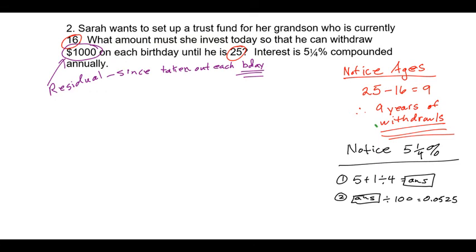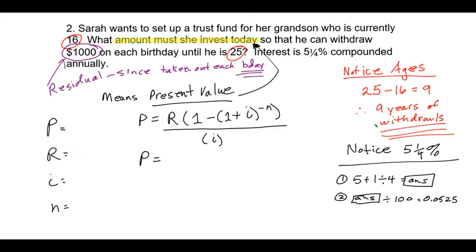So we start off with our equation and then we write down all our variables and we'll fill out the rest of the chart. The R is 1,000. The I value. Remember that the I value is the interest per compounding period. We notice that this was compounded annually.